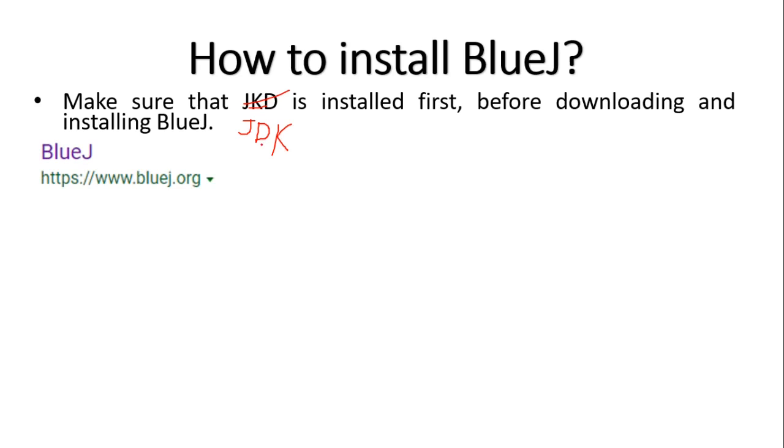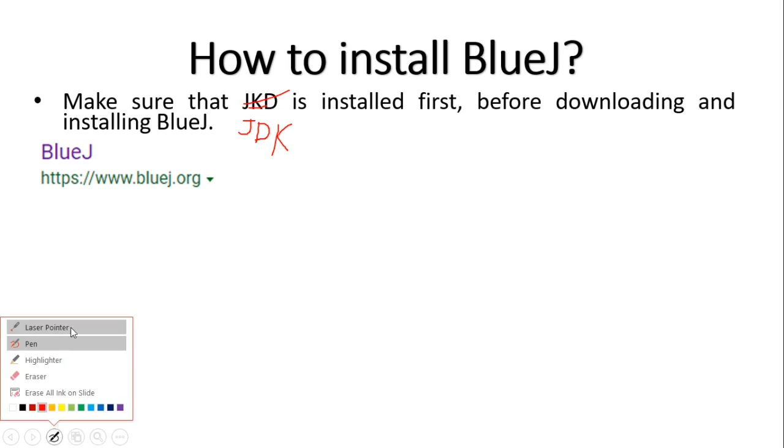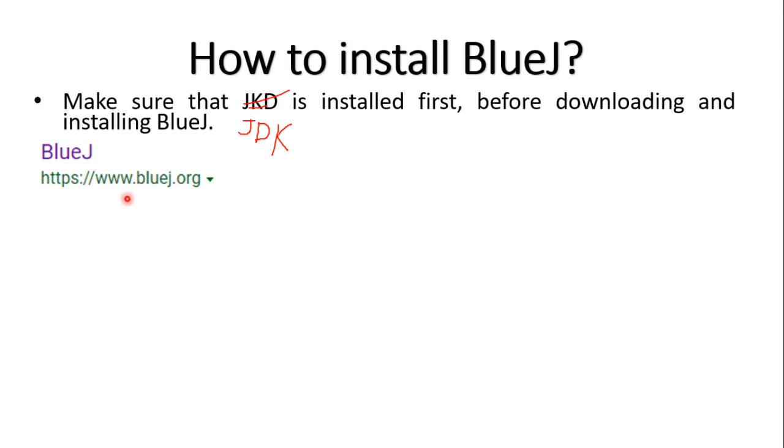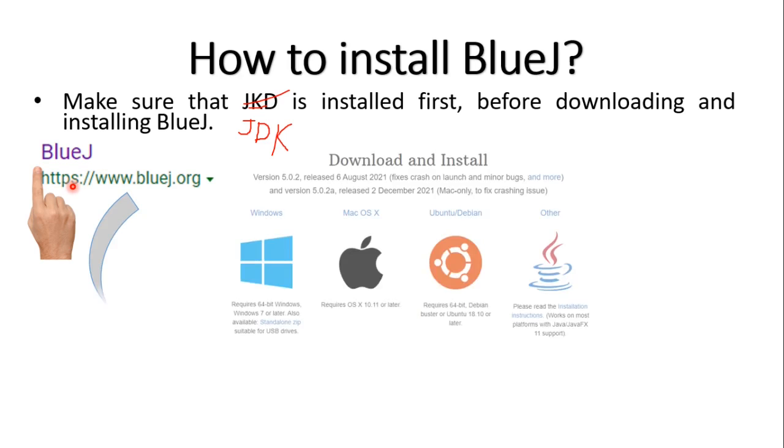So the first step is you need to go to the official site, like I said, and the official site is https://www.bluej.org. And when you click on this link, what will happen? This download and install page will appear.